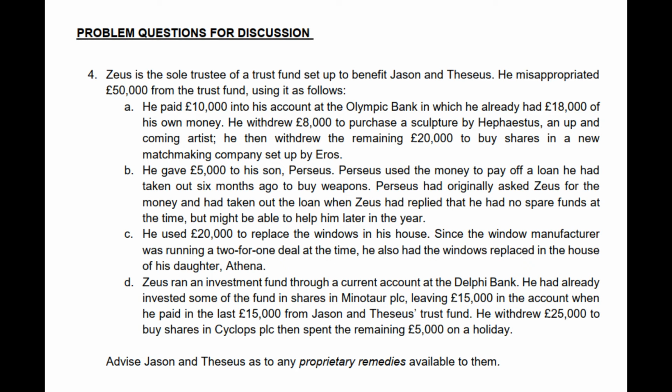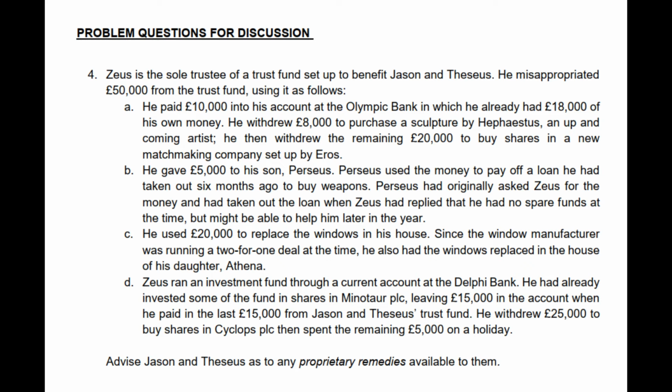And instead, we can claim that the money that's been taken out of the account first is the trust's money. This will then allow us to trace the equitable title in the trust money into the sculpture and therefore claim a proprietary interest in it. The next step is to move on to the shares.